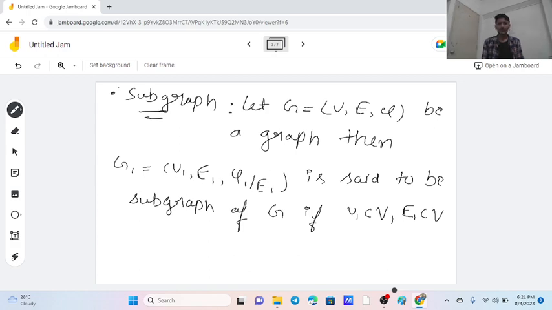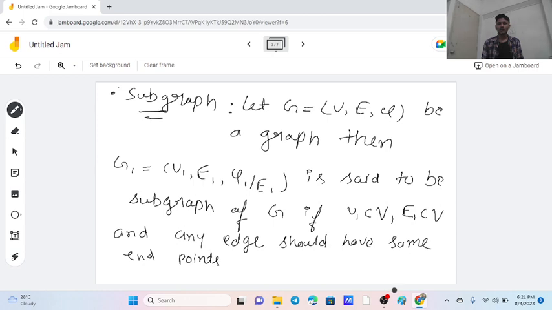Okay, and any edge should have the same endpoints in both G1 and G.